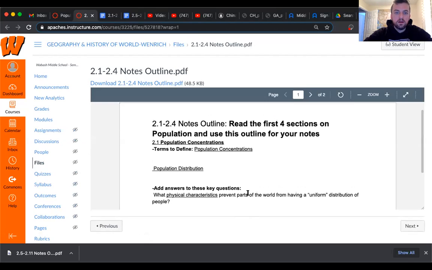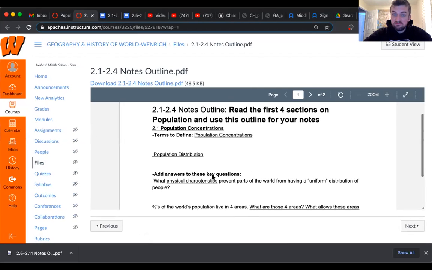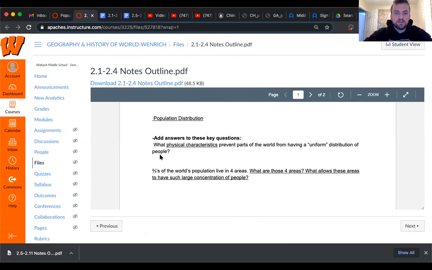So for right here, this is what the outline looks like. For 2.1, you want to define what population concentrations are. You want to define what population distribution is, and then answer these questions here. What physical characteristics prevent parts of the world from having a uniform distribution of people?